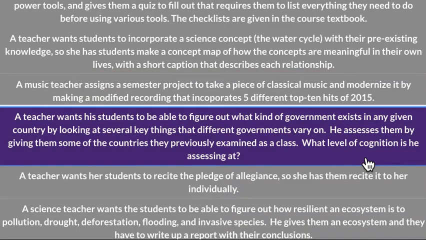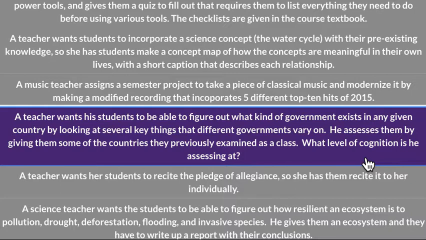The next one, a teacher wants his students to be able to figure out what kind of government exists in any given country by looking at several key things that different governments vary on. He assesses them by giving them some of the countries they previously examined as a class. What level of cognition is he assessing at? The correct answer here is recall. Now, he is trying to get them to either apply or analyze, depending on what you're thinking about.